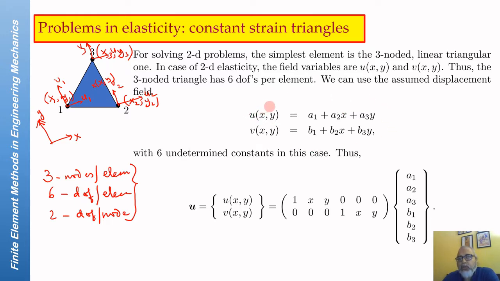But that too will not be a very smart idea, because we need to take balanced polynomials in u and v, in the x and y directions, and we also need to take something known as complete polynomials. We will see how that affects our solutions towards the end of this week's lecture. So anyway, these are the 6 constants that we need to determine, and these are our assumed displacements.